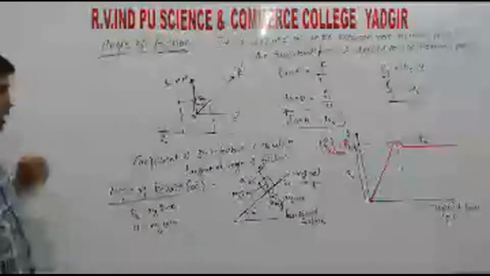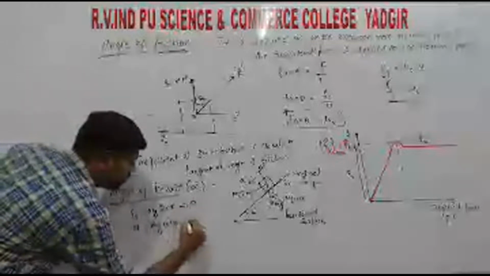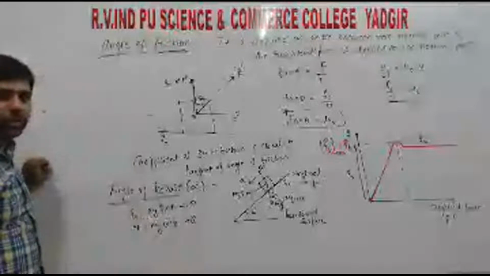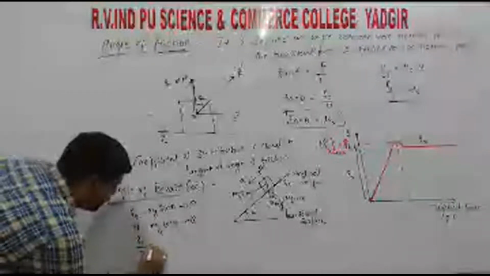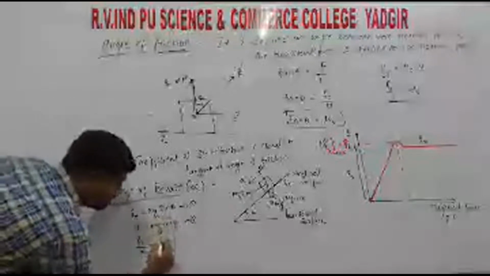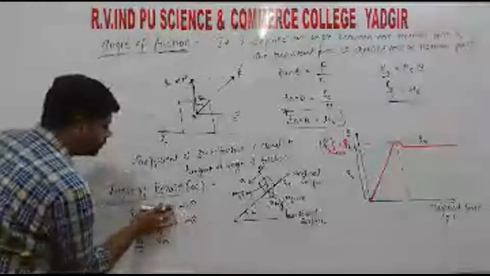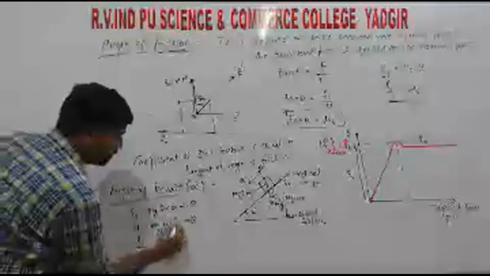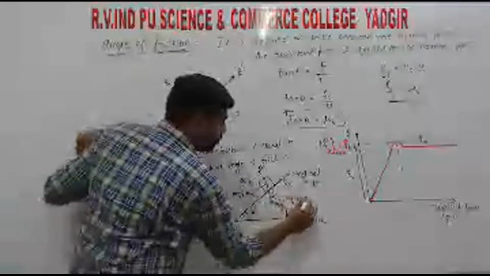So now calling these two as equation 1 and equation 2, divide equation 1 by equation 2. So we get Fs by n is equal to, mg gets cancelled, we get sin alpha by cos alpha, sorry, this is alpha, right?